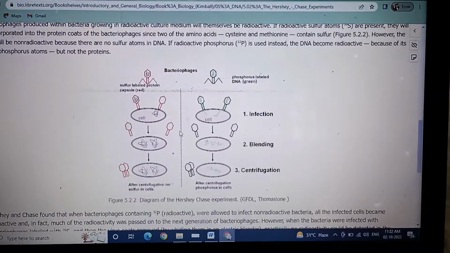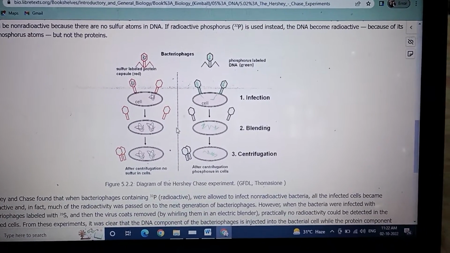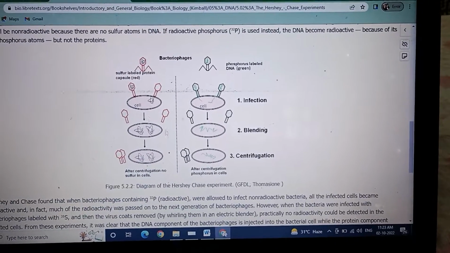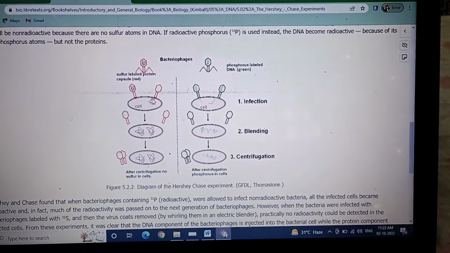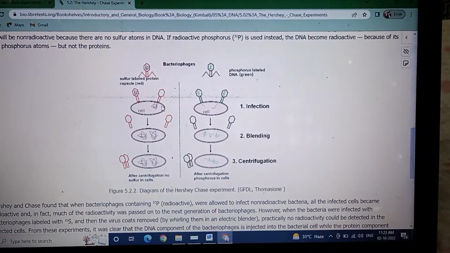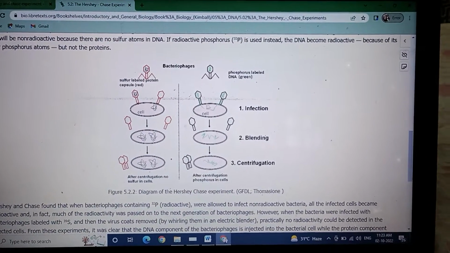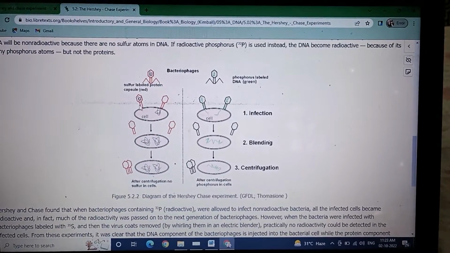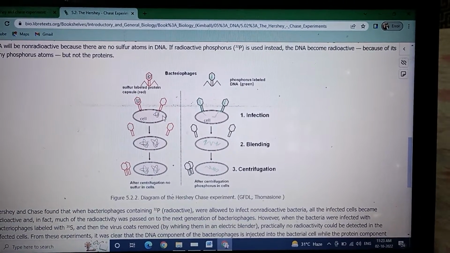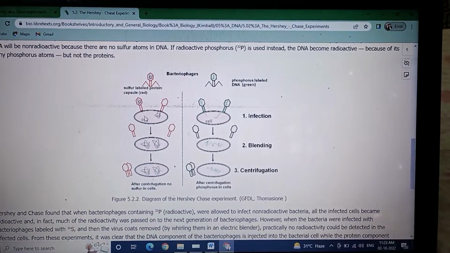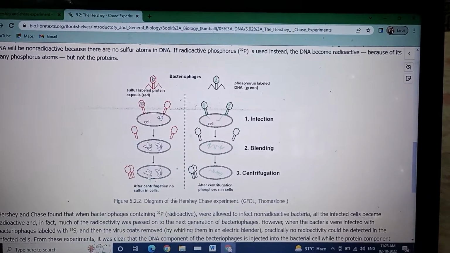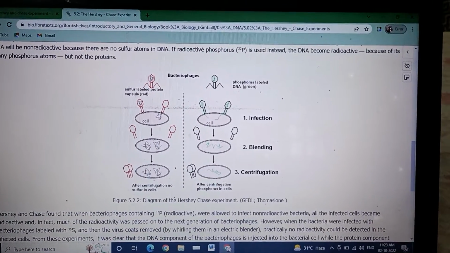As I told you already, the phage will first infect the bacterial cell on both sides. First they will infect the bacterial cells, and then the genetic material is released, the genetic material will propagate itself, and finally it will produce the new progenies.